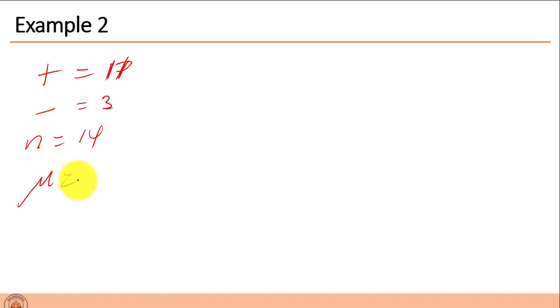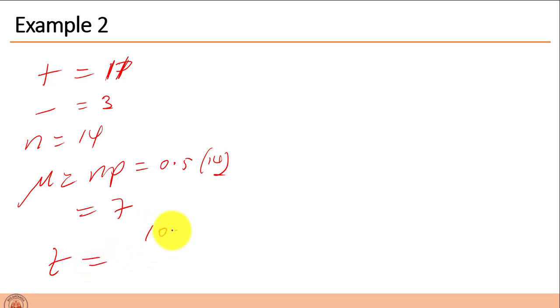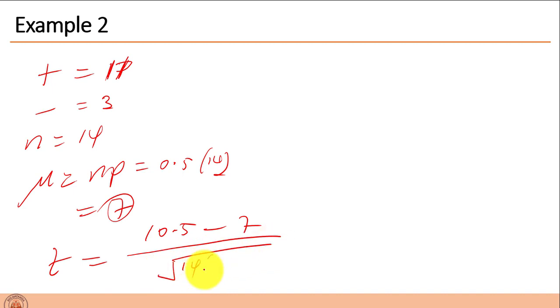mu, by approximation, np is equal to 0.5 multiplied by the 14 that we just had, and this will give us 7. The positives are 11, so by calculation Z is 10.5 for the positives, minus this 7 that we just had, all over the square root of 14.